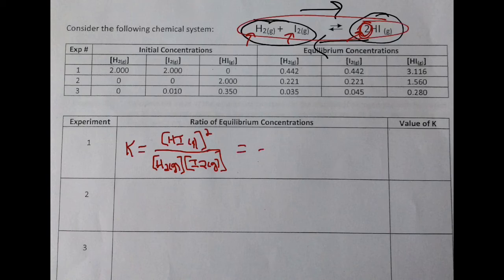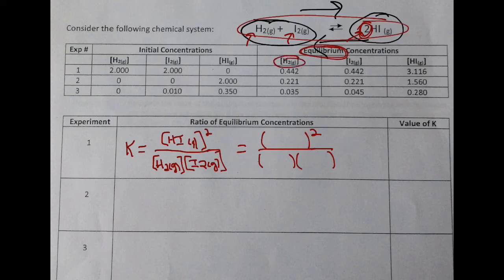So now I'm going to sub in the values. Whenever I do a substitution, I always replace my square brackets with round brackets. I make sure I write any of my exponents, and then I substitute in the proper amounts. So at equilibrium, K is always at equilibrium.